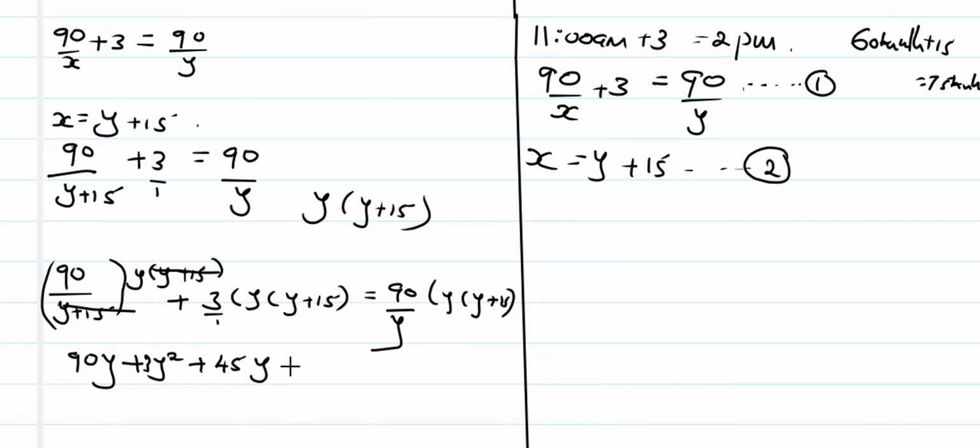Then it equals, this y goes with this one, and I remain with 90 here. So 90 multiplied by y will be 90y, then plus 90 multiplied by 50, which is 1350.